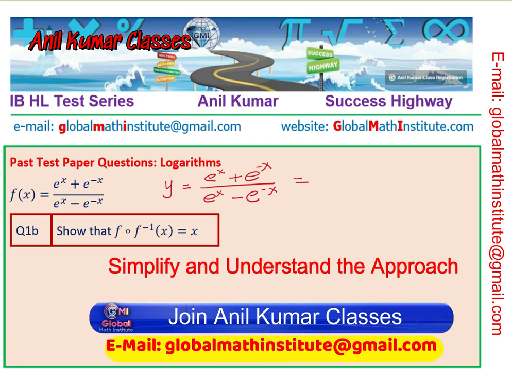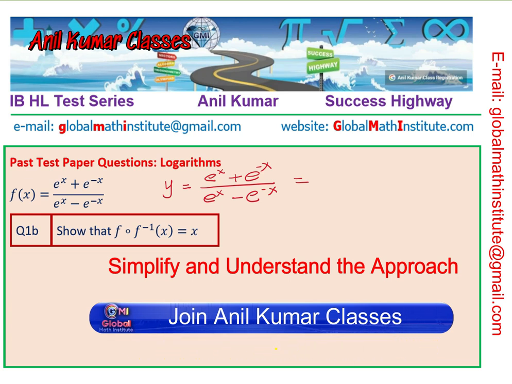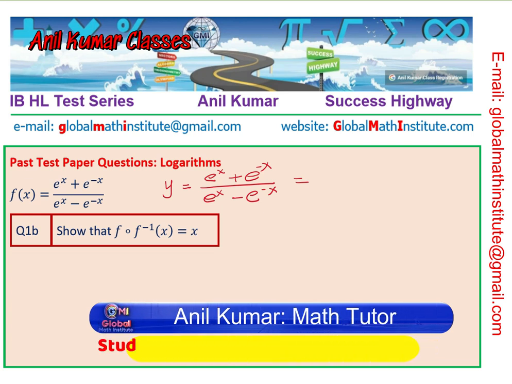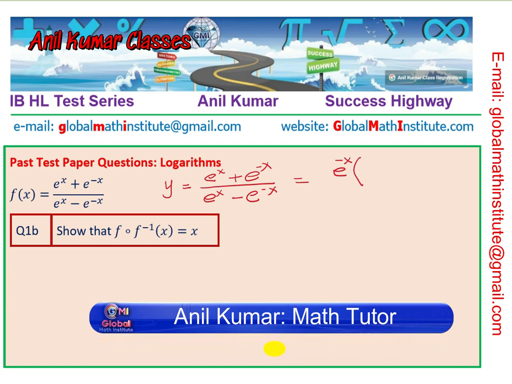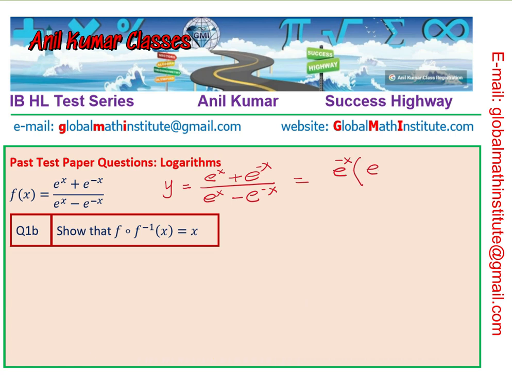Now we can actually rewrite this by multiplying numerator and denominator by e to the power of minus x. Then we will get what? Well, we can take e to the power of minus x common, right? In that case, we get e to the power of 2x plus 1, and here also we can take e to the power of minus x common, getting e to the power of 2x minus 1, right?